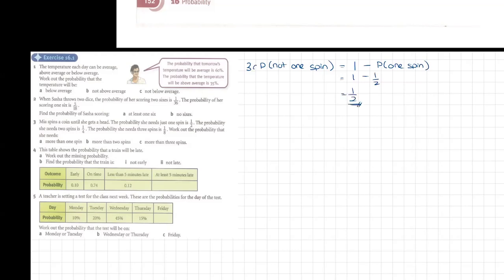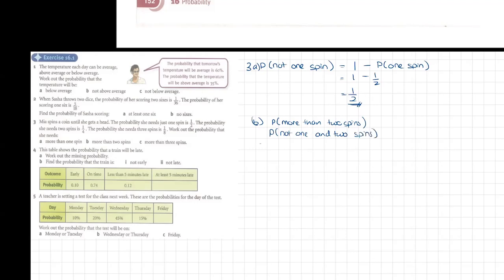This is question A. Question B: find the probability that it needs more than 2 spins. So we need to find the probability of more than 2 spins. That would mean I need to find the probability that it is not 1 and not 2 spins.